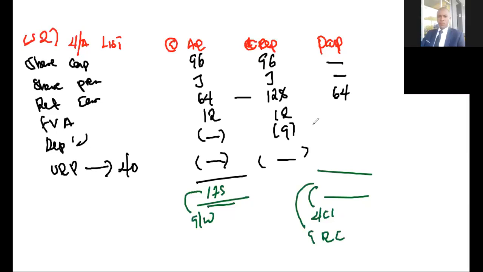So if we bring this figure here and remove it from here, how much is our post-acquisition profit? 55. Are you sure 55 is our post-acquisition profit? Yes, 64, take away 9. Yes, 55.